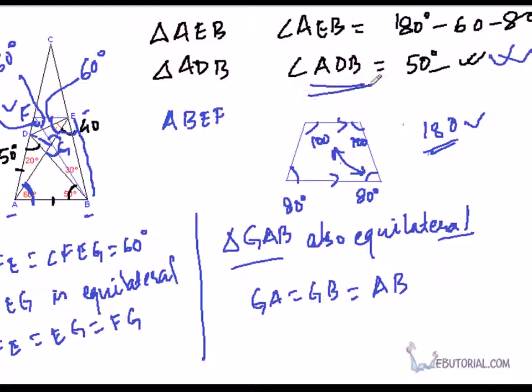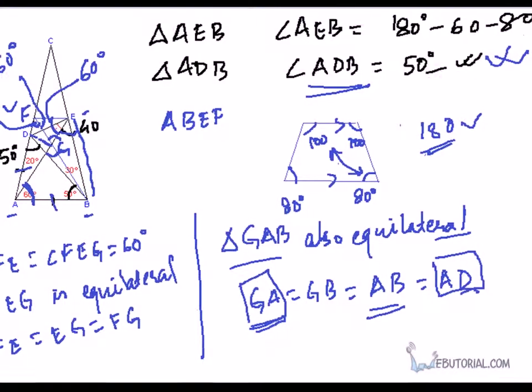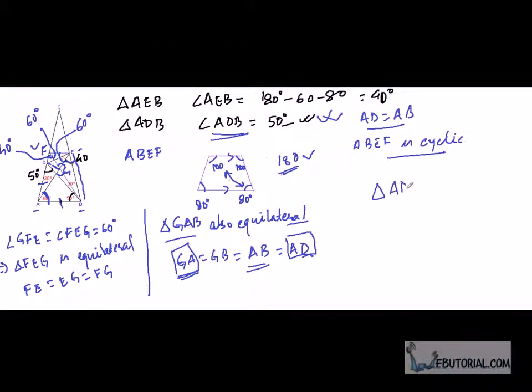We had found that ADB is 50 degree and AD was same as AB. So AD is same as AB. We have AB over here, we can write AD over here as well. Now observe this GA and AD. Since these two are same, that makes triangle ADG isosceles.